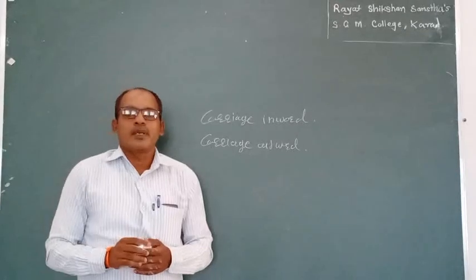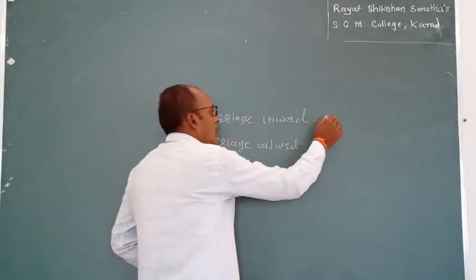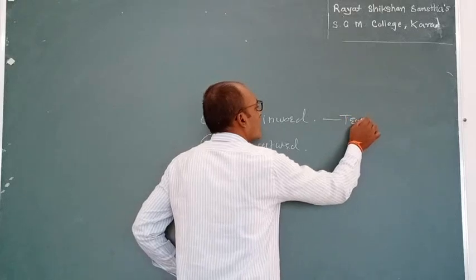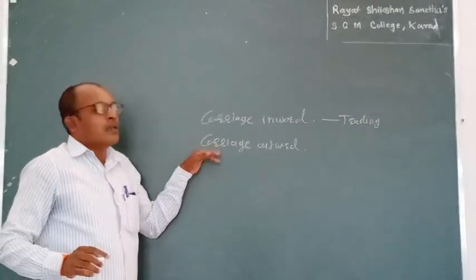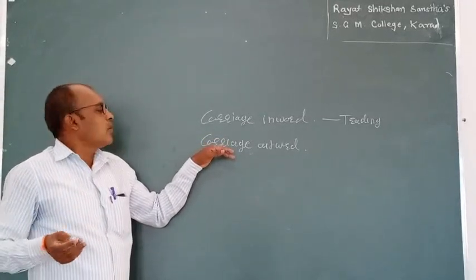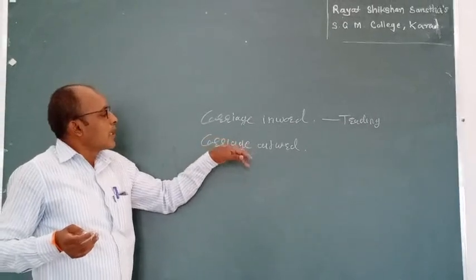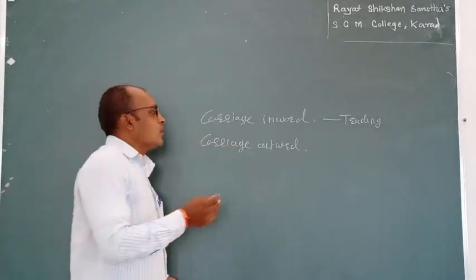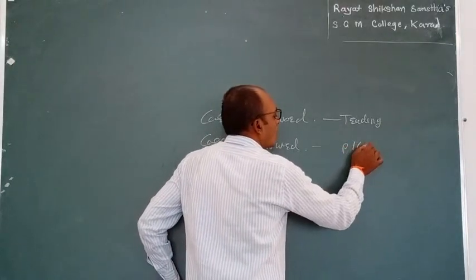It is a direct expenditure, so this expenditure is transferred to the trading account. And when a ready-made product is sold in the market, the traveling expenditure paid is called carriage outward. It is related to selling expenses, so it is transferred to the profit or loss account.